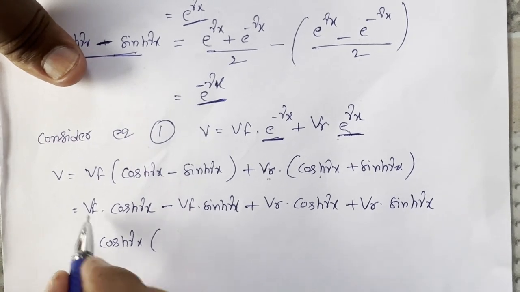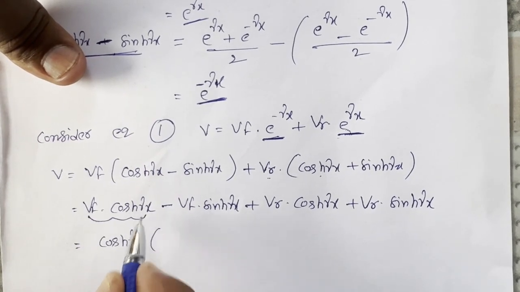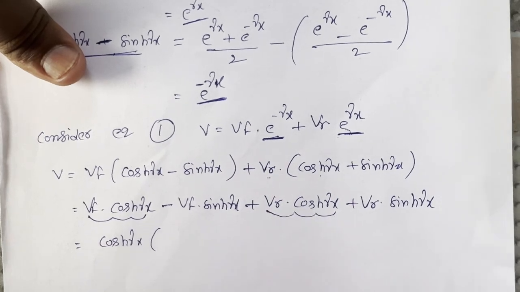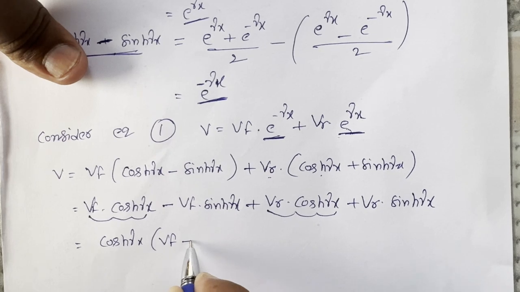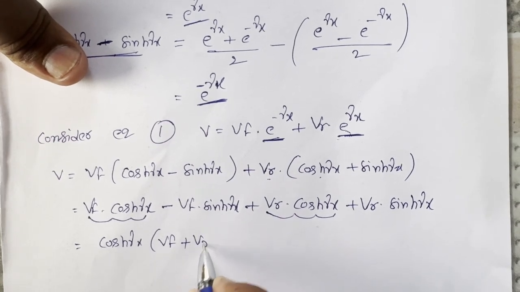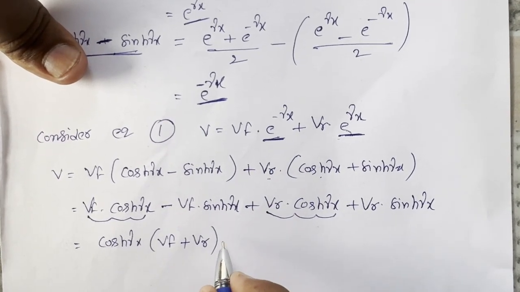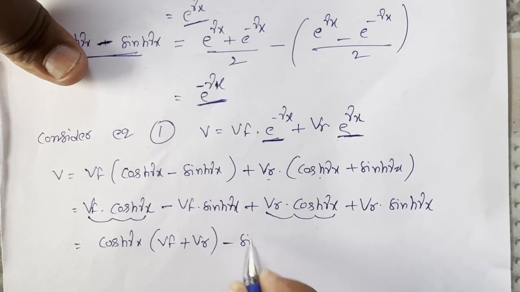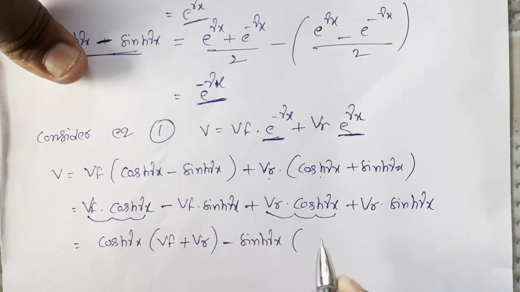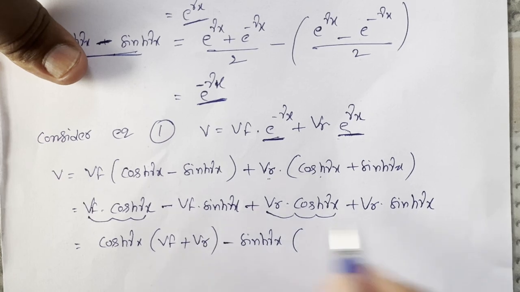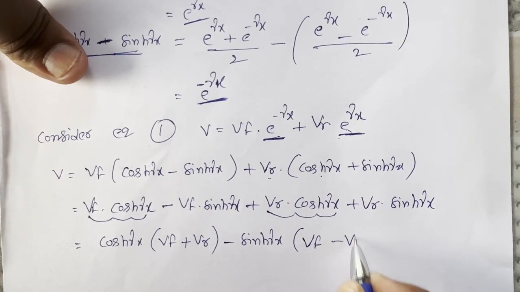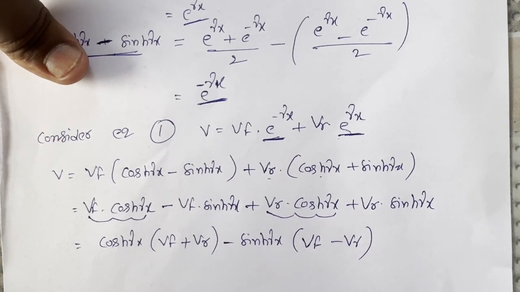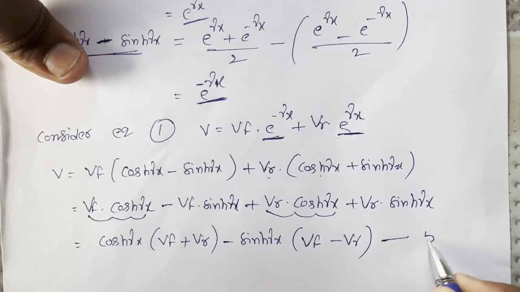The cosh gamma x terms: this one is 1, this one is 1, so from this I am getting Vf plus Vr. And similarly I am taking minus sinh gamma x as a common term, Vf minus Vr. It is equation number 5.